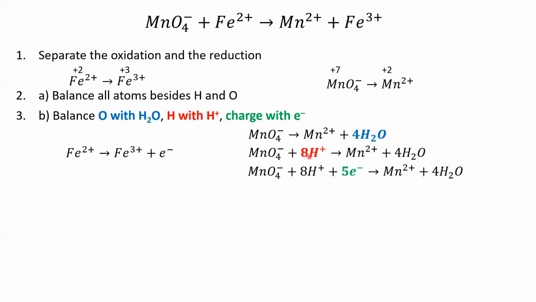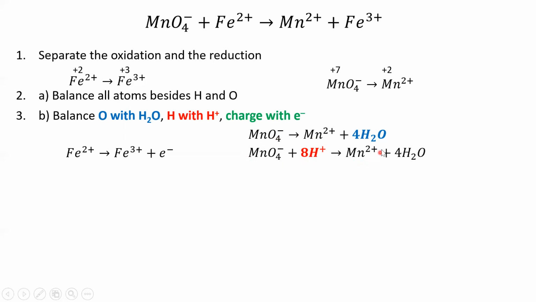And then we want to balance the charge on both sides. Okay. We have a -1 charge here. And we have a +8 charge here. That means the reactant side is a +7.